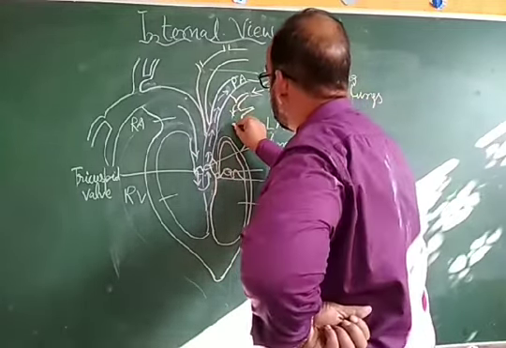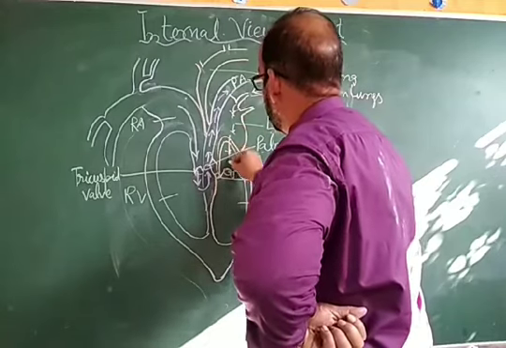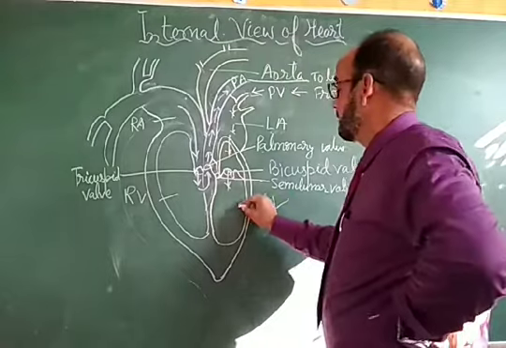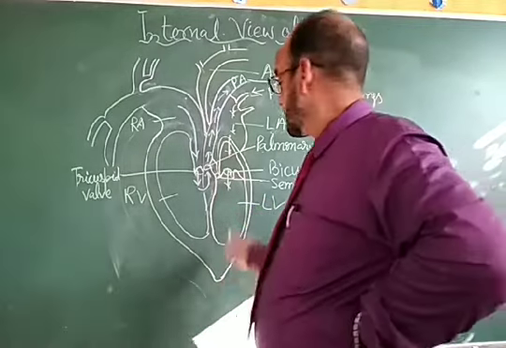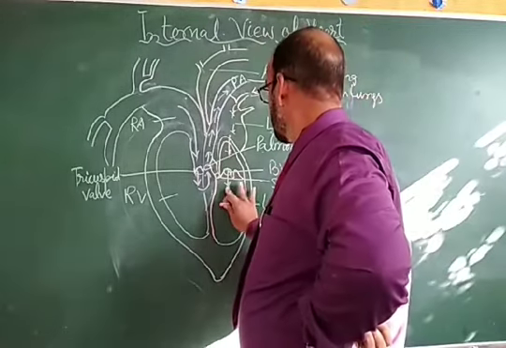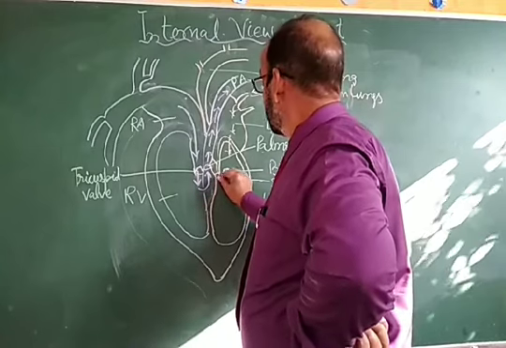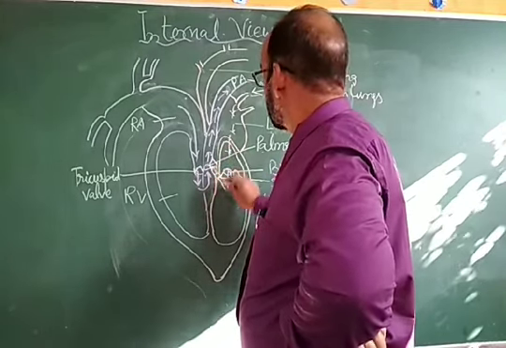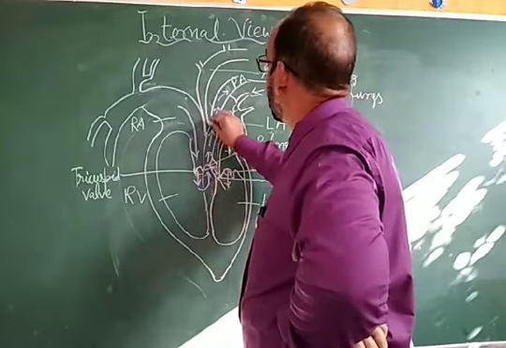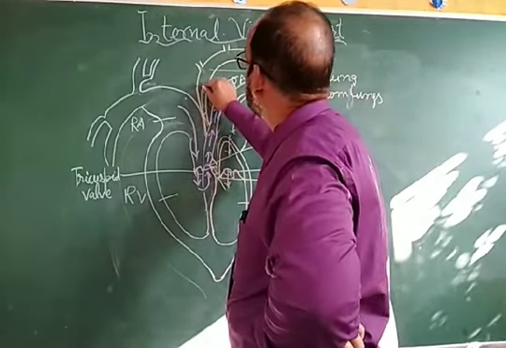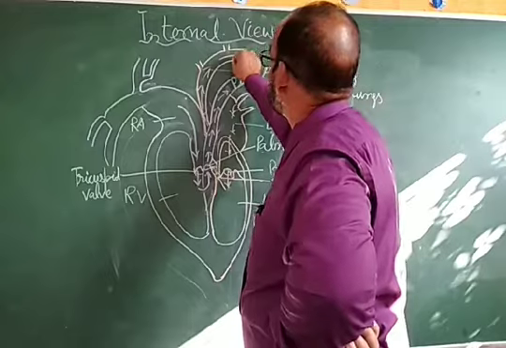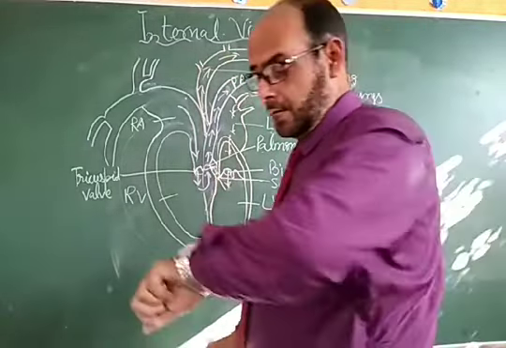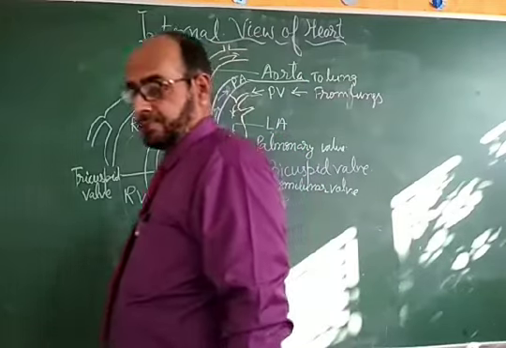Then from the left atrium it is going to the left ventricle, and the left ventricle facilitates the pumping by contraction of its muscle, which results in the blood going into this aorta through the semi-lunar valve, and this semi-lunar valve facilitates the blood flow into the aorta, by which the blood is carried throughout the body.